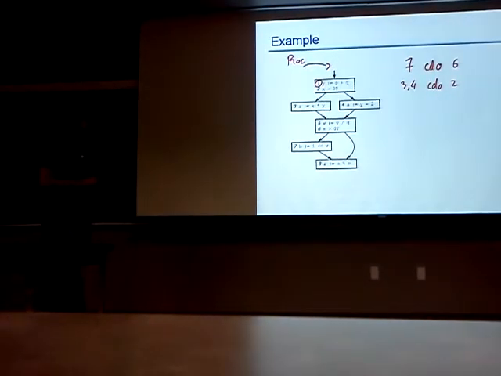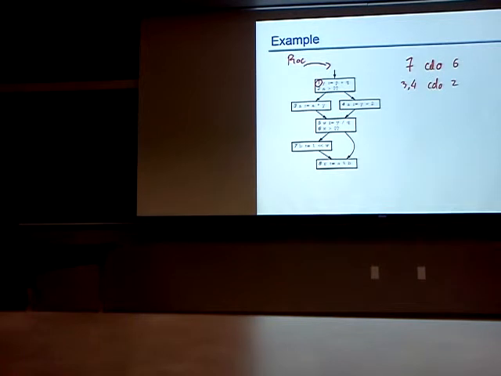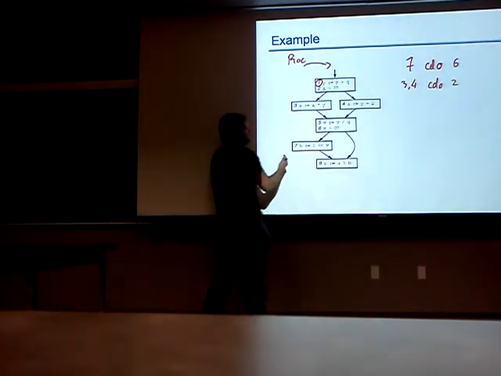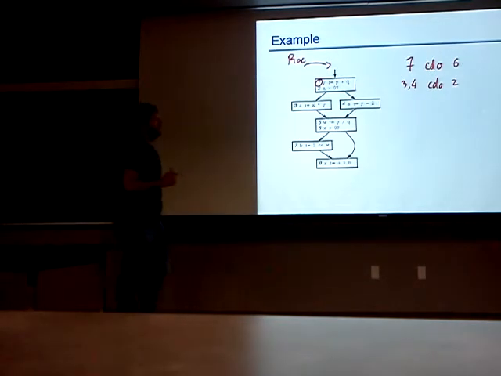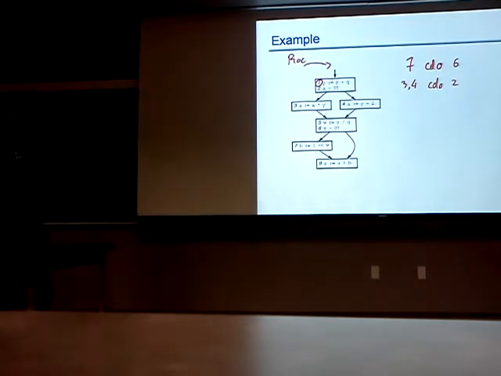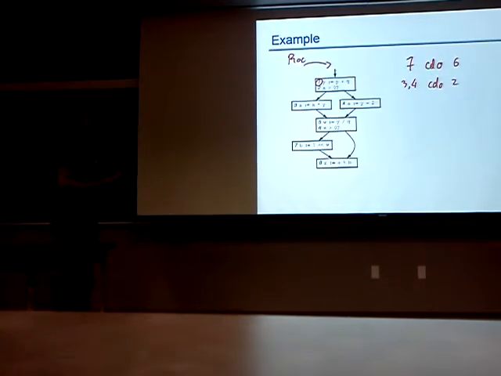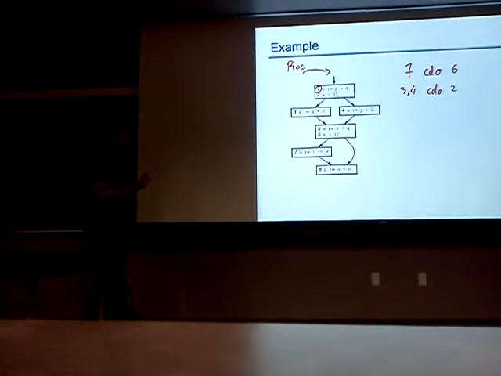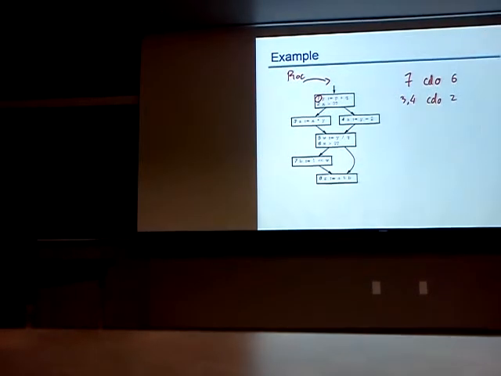Now, if you look at this relationship, basically this becomes a relation between nodes. It turns out that this relation is in some sense nested, and you can actually represent it as a tree, and you can create what are called control dependence regions.